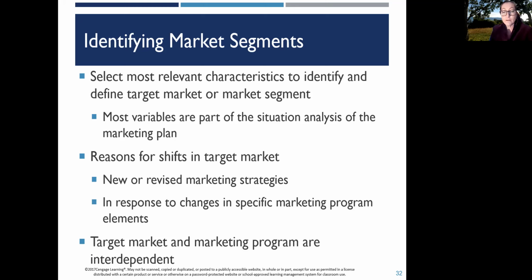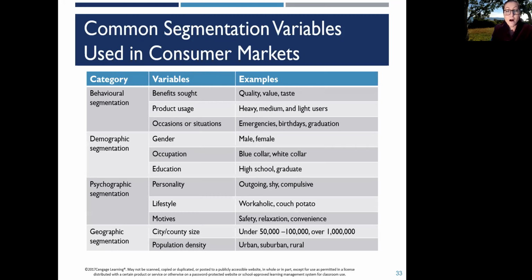Because it's probably not a good idea to target all of them, because each target is going to require considerations of what product adaptations need to be made and what communication adaptations need to be made. So in this way, the target market and the marketing program are highly interdependent, tightly connected. The front end of the marketing plan and the back end of the marketing plan. These dots need to be connected.